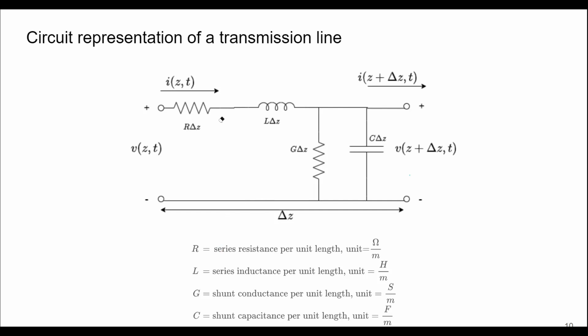This is a series resistor, and the capital R is defined per unit length, so it is given by the unit ohms per meter. And then the inductor, right? The inductance is given by capital L, and it is measured per unit length, with the SI unit Henry per meter.